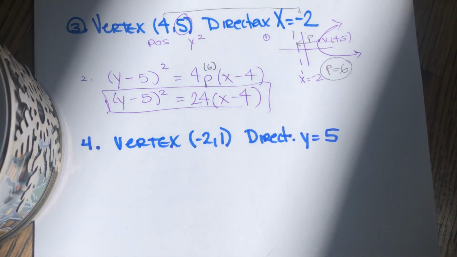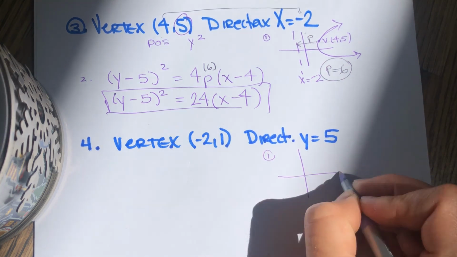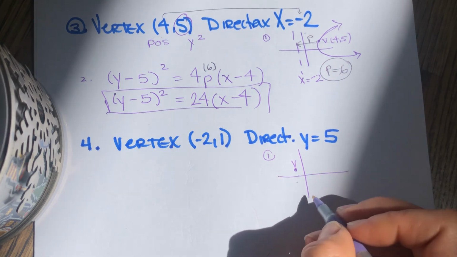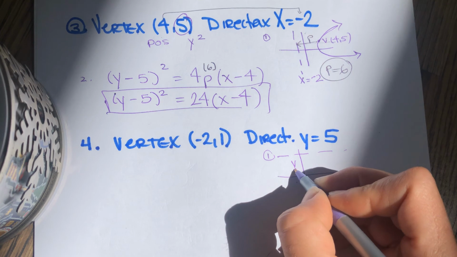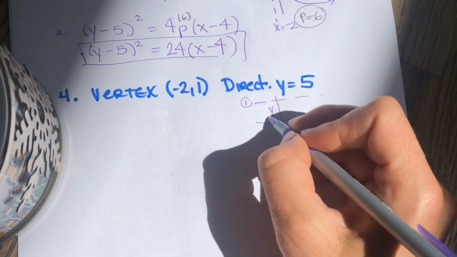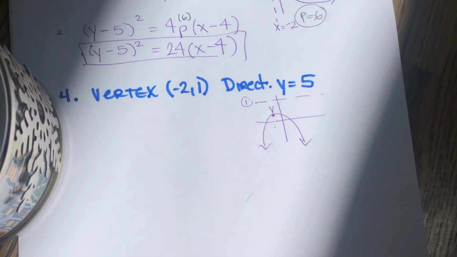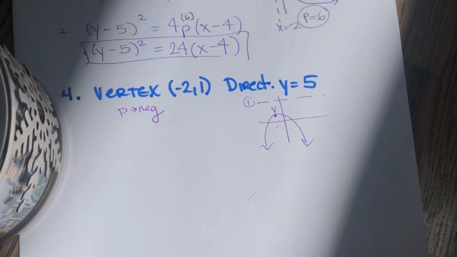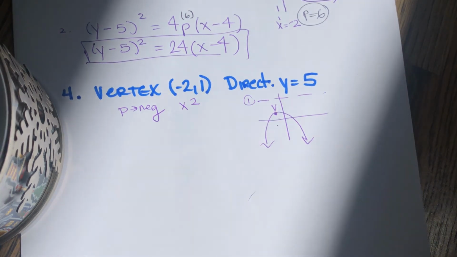All right, let's do our steps. Step 1, sketch. So we have the vertex (-2, 1) and directrix y equals 5. It's opposite of the directrix, so we're going to go down because we're eating the focus. So the fact that we're going down means p is negative, and if we're going down, it's going to be an x squared.